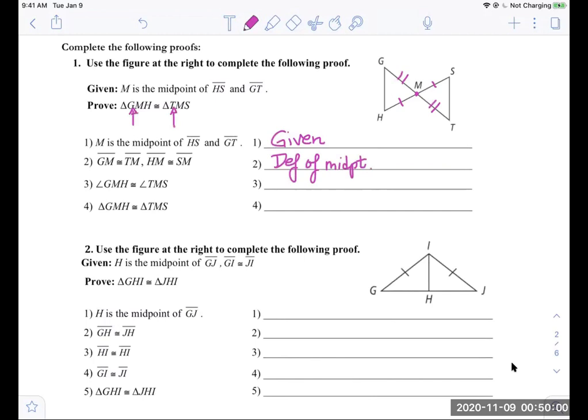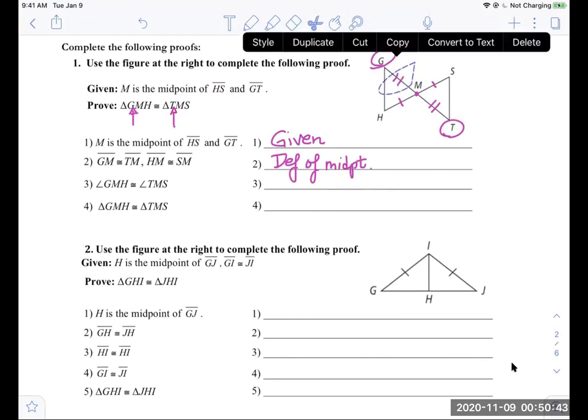So we know that angle G is supposed to match with angle T. That's why they named it GMH this way, but then they started with T for the other one, TMS, because they're making G and T match up, and the order is important when you're naming angles and when you're naming segments in congruent triangles.